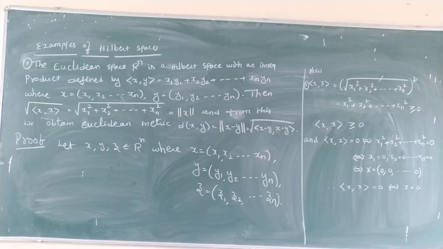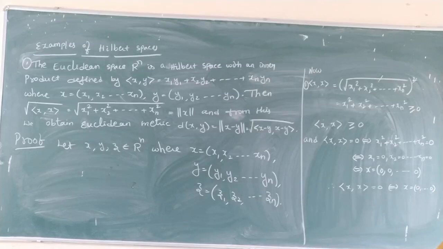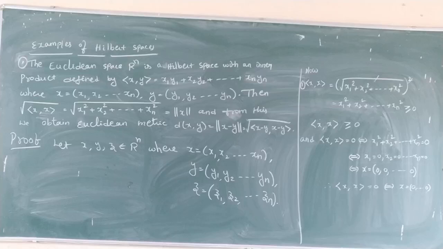This is the inner product space first condition. Clear? So here we have to write x is equal to 0, and so on 0. The inner product space first property is this.